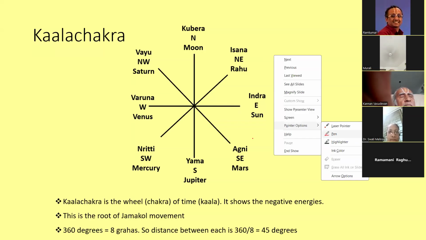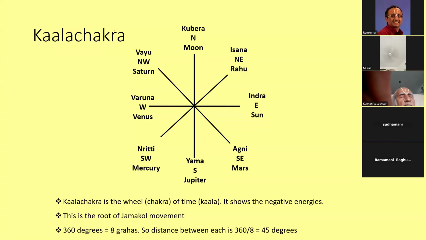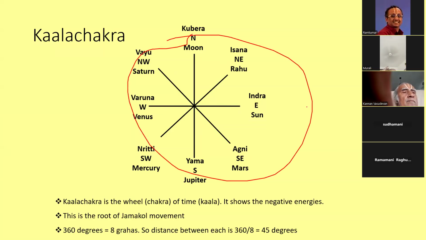Okay. Now comes the interesting part. What is this circle? This circle is 360 degrees. Correct? Now I have 8 directions. Now when I talk about Kala Chakra, what happened to the remaining 2 directions?